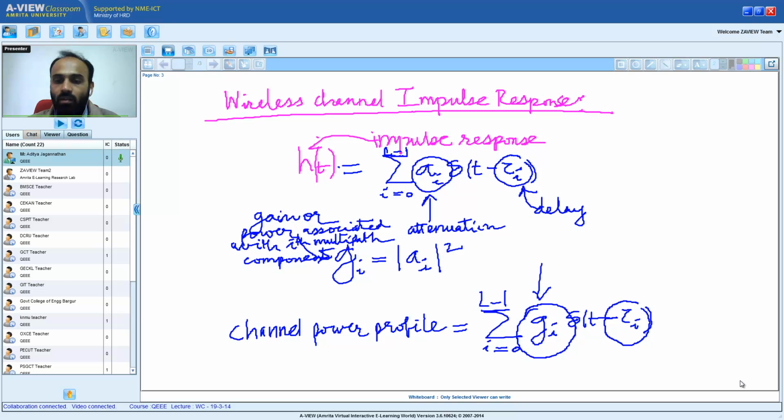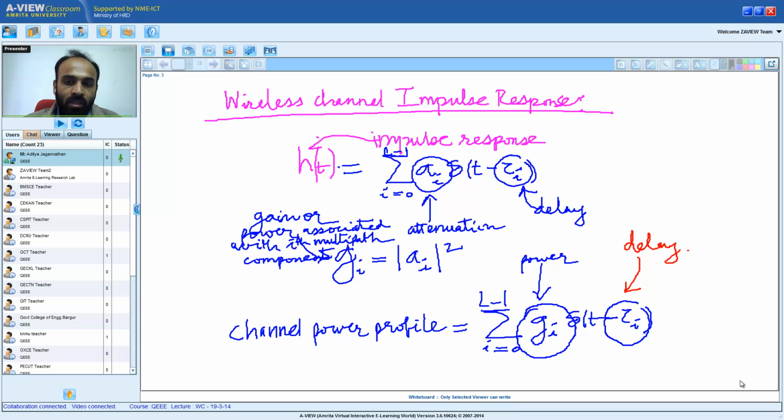This is the wireless channel power profile.